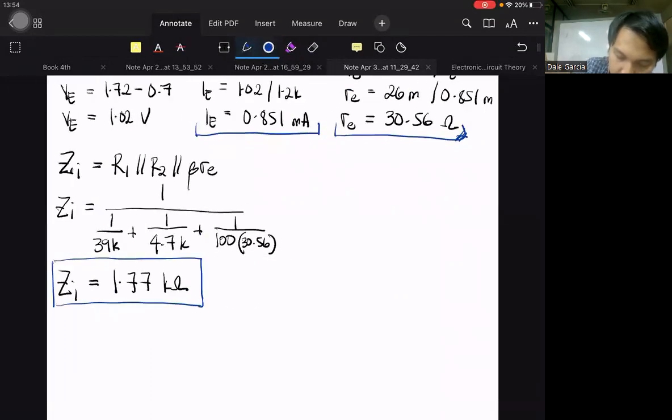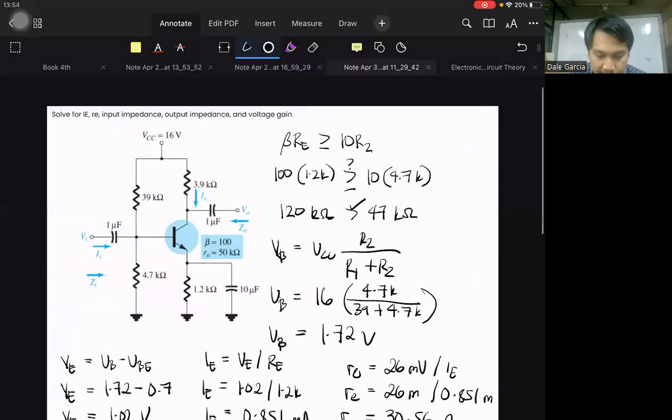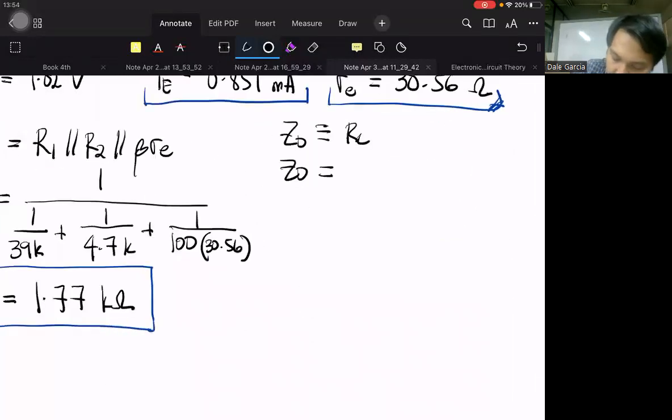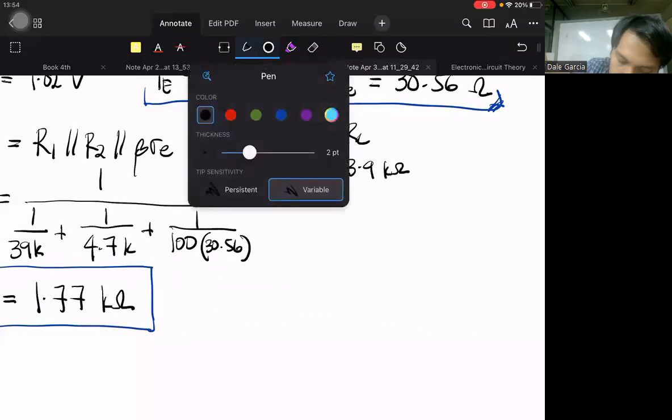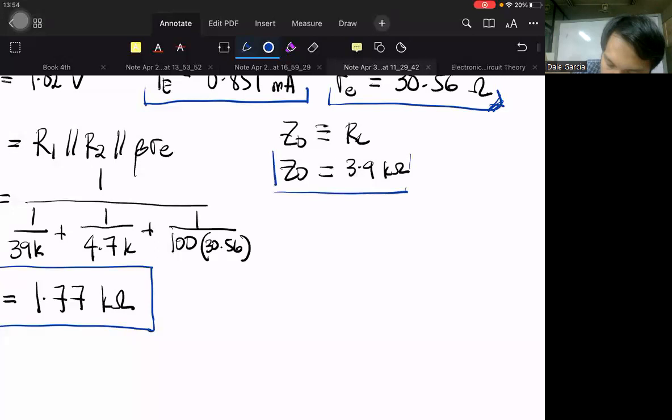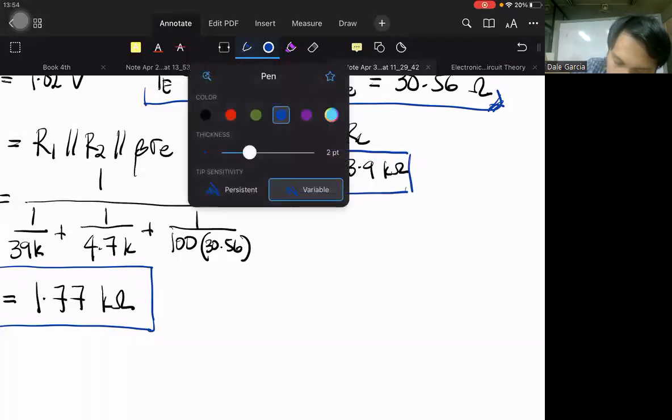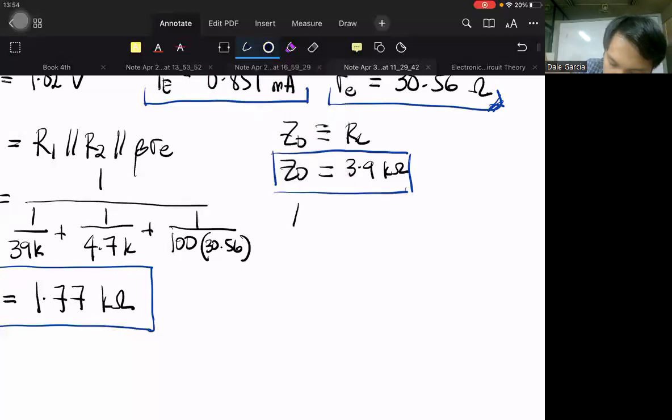But ZO is approximately equal to RC. So ZO is equal to 3.9K, of course. Last, the voltage gain, AV, is negative RC over re.